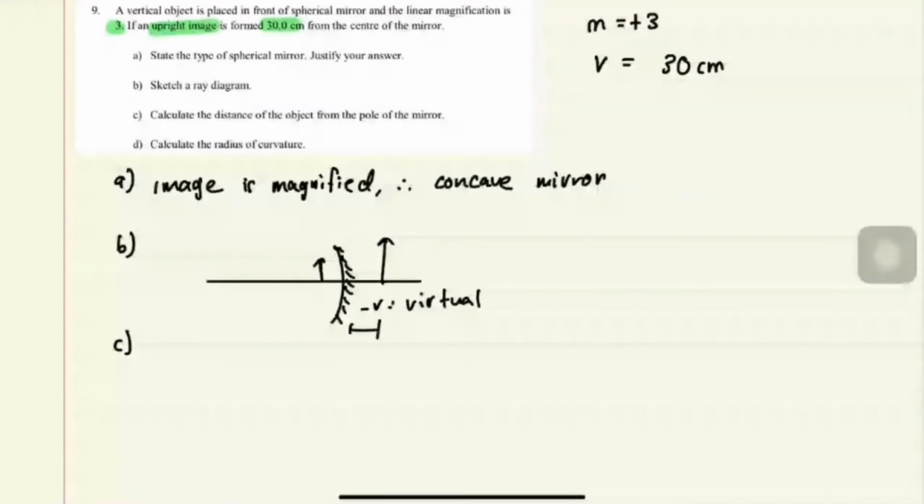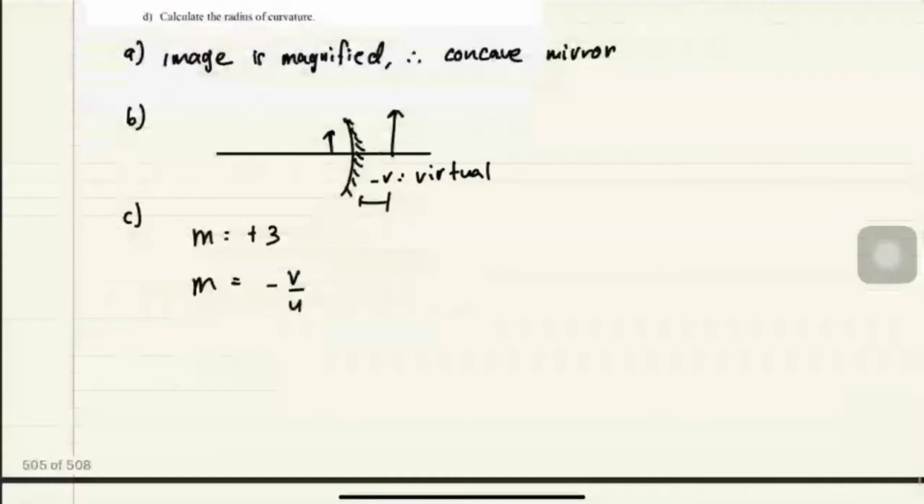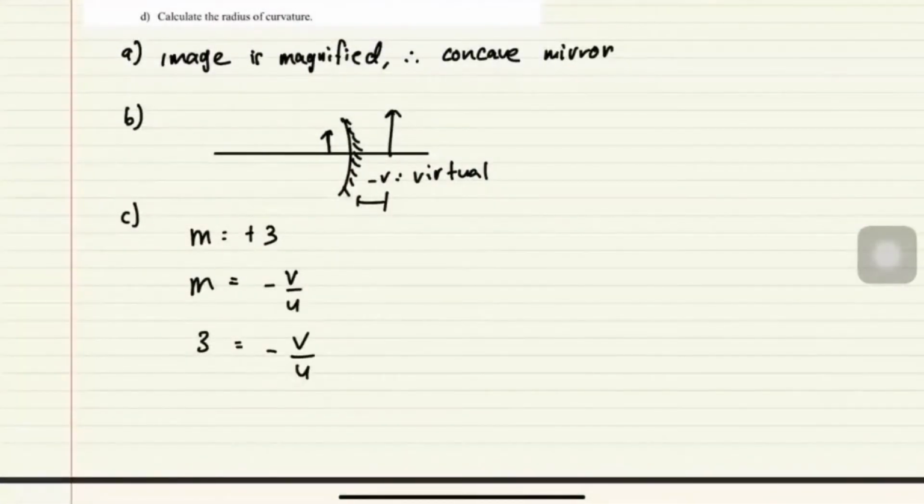So dia nak U. You know that M is equals to positive 3. You also know that from the formula M is equals to negative V over U. So 3 is equals to negative V over U. Because we want to find U, kita tulis dalam V lah. V sama dengan negative 3U.